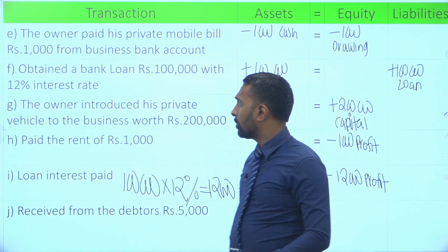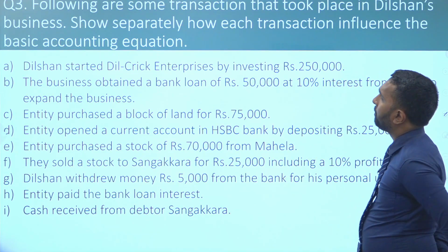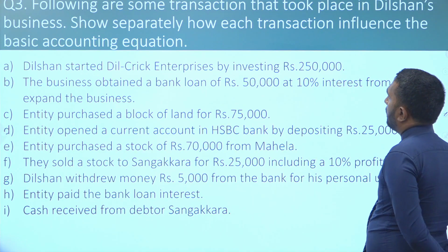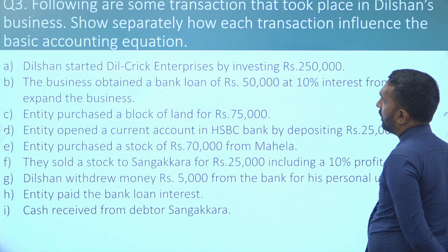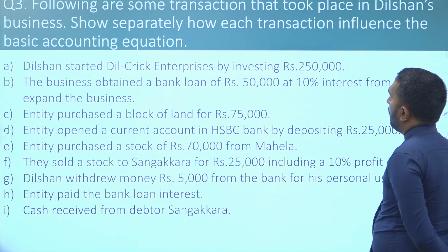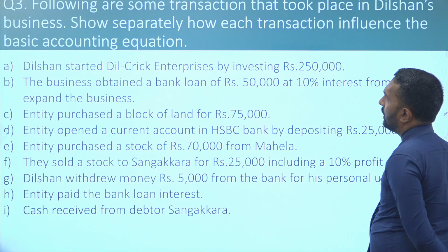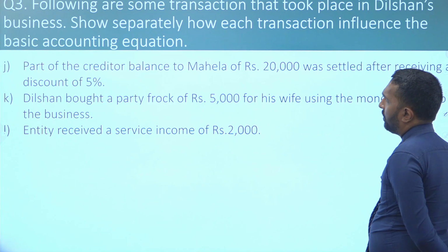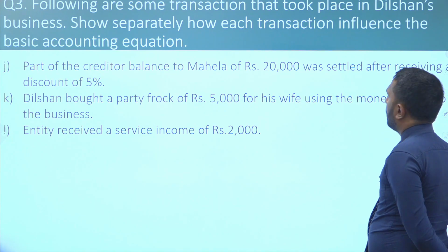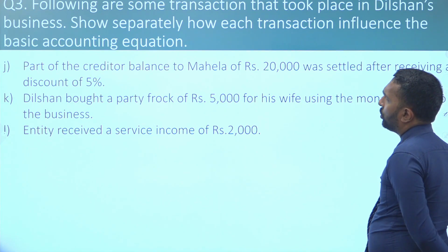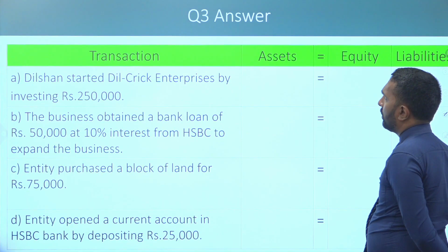With that, we'll move on to question number 3. Following are some transactions that took place in Dilshan's business. Show separately how each transaction influenced the basic accounting equation. So you got several transactions, and you are supposed to show that in the basic accounting equation.